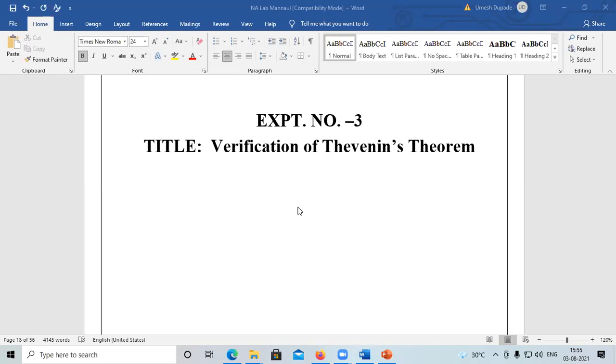Okay, that means any two terminals of the network can be replaced by an equivalent voltage source in series with RTH.